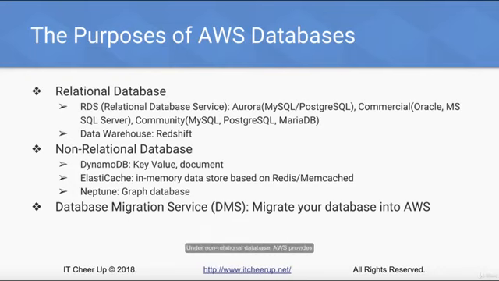On the non-relational side, AWS provides 3 options: DynamoDB, ElastiCache, and Neptune. DynamoDB is a serverless NoSQL database which delivers consistent single-digit millisecond latency at any scale. It supports both document and key-value data structures.